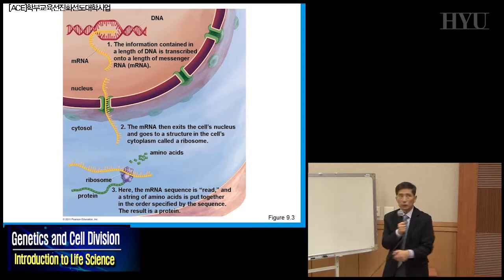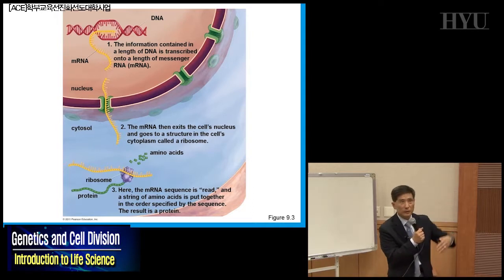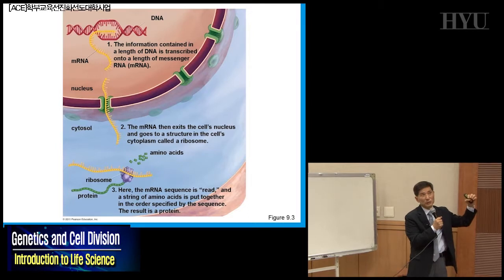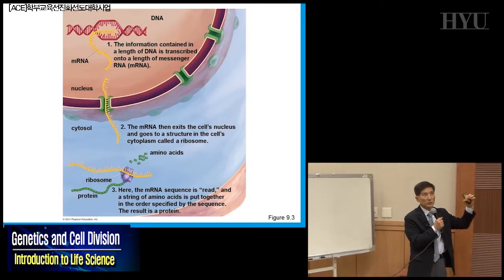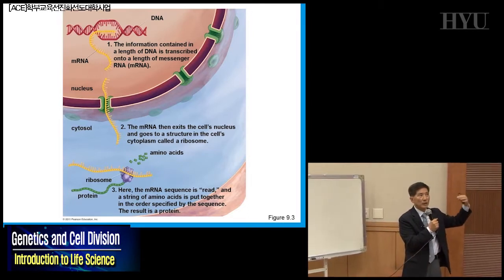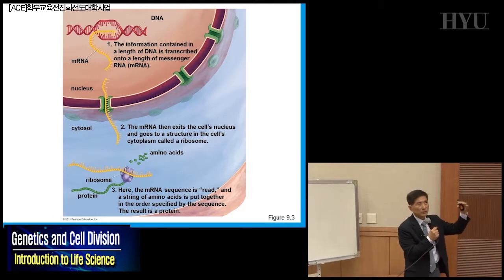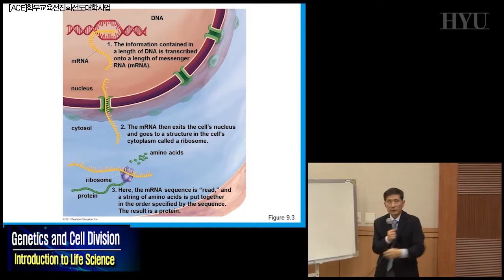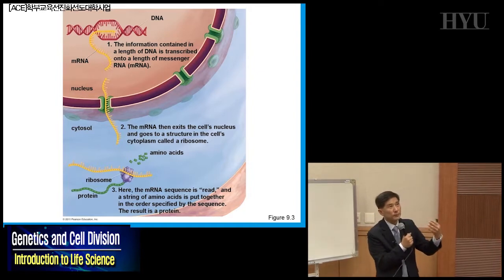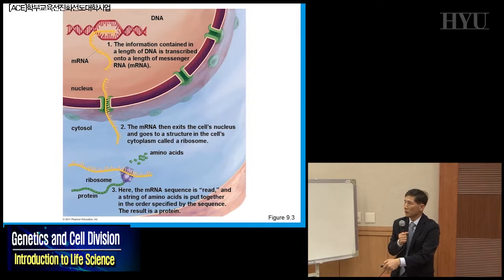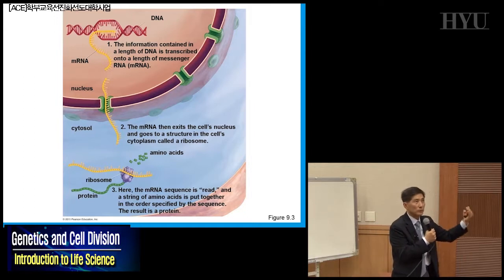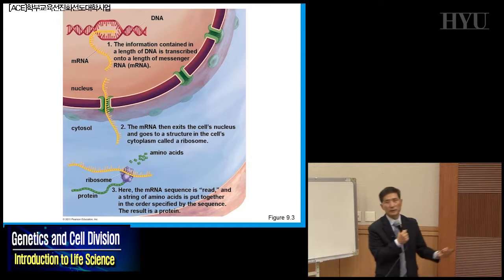In this case, ribosome in cytosol. In another case, the ribosome can sit on endoplasmic reticulum. There are two places you can make protein. The other one is RER, rough endoplasmic reticulum. Those proteins we will ship out, but the ones in the cytoplasm will be used there. So they go to ribosome. Ribosome will translate the language of RNA into the language of protein. We'll come back to that point.